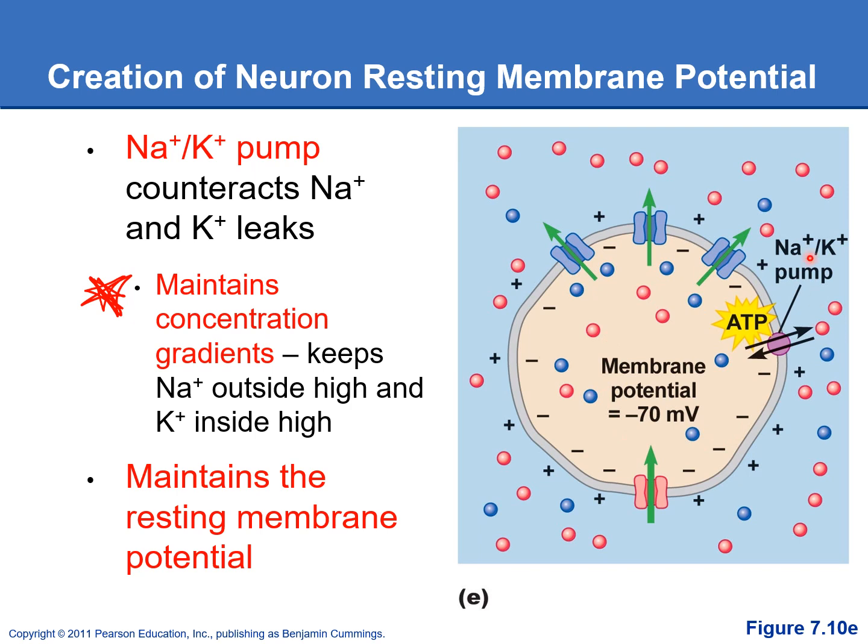So the sodium-potassium pump is really important to make sure that we keep the sodium high outside the cell and potassium high inside the cell. So sodium-potassium pump, very important, maintaining those concentration gradients, and it's also going to maintain the resting membrane potential.